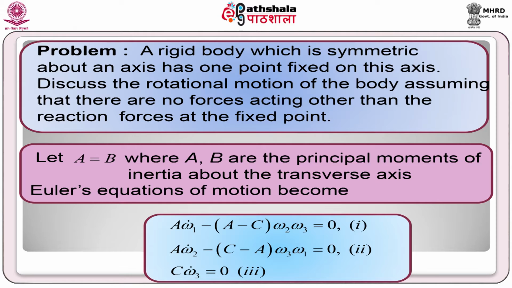Since capital A equal to B, we have substituted capital A in terms of B and get this equation. Similarly, from Euler's equations of motion, we get equation 2, and in a similar fashion we get equation 3.